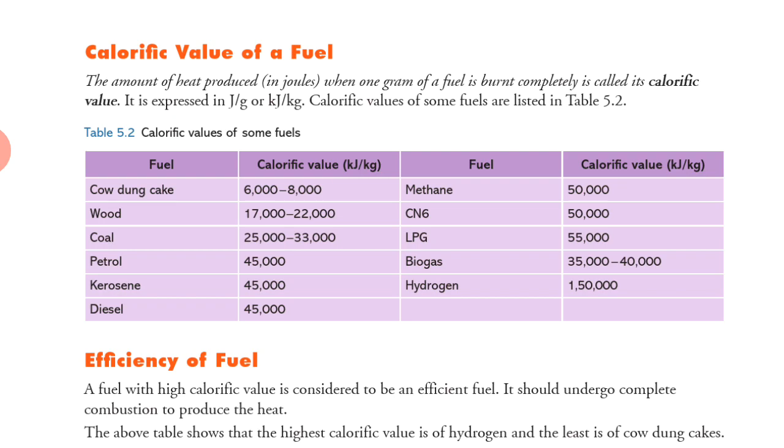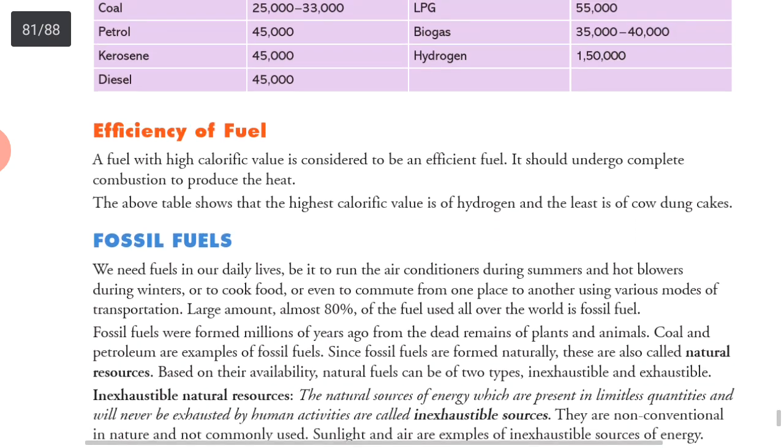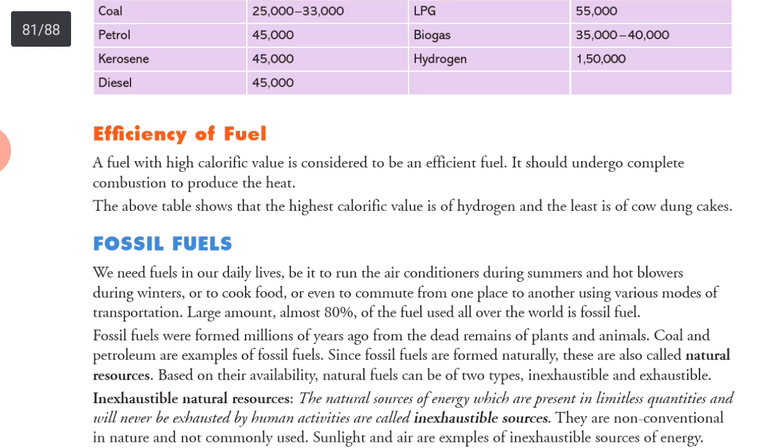Efficiency of a fuel: a fuel with high calorific value is considered an efficient fuel. It should undergo complete combustion to produce heat. The table above shows the highest calorific value is of hydrogen and the least is for cow dung cakes.